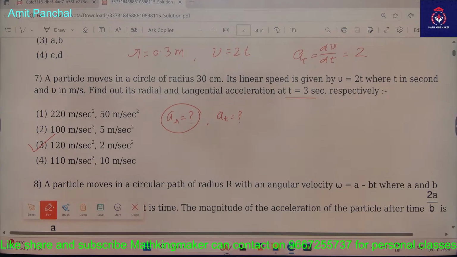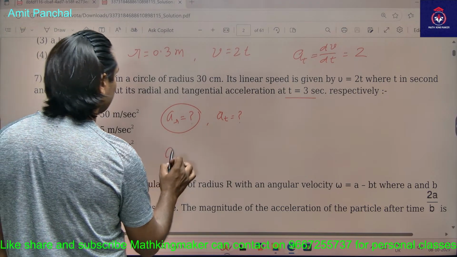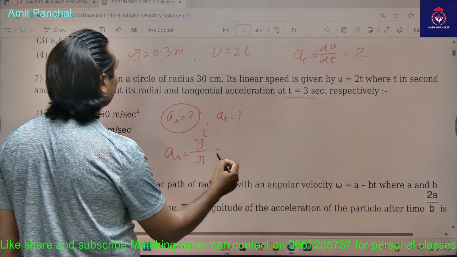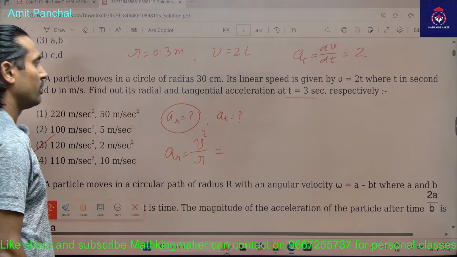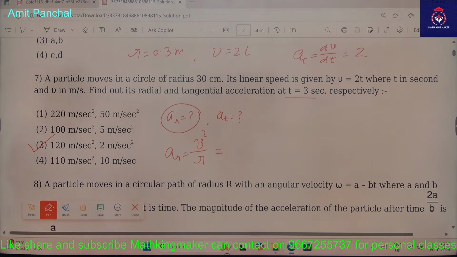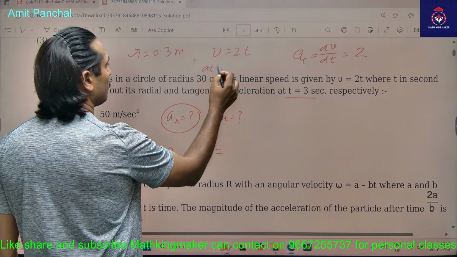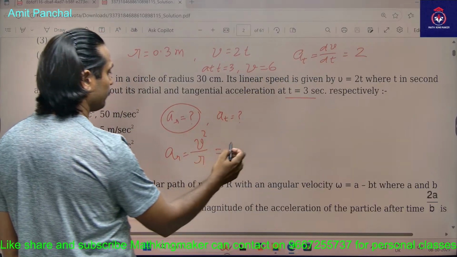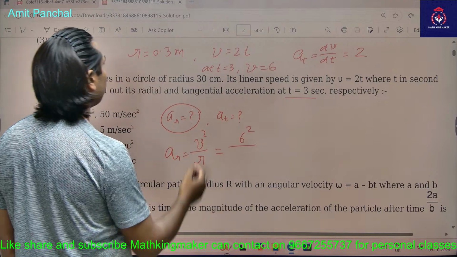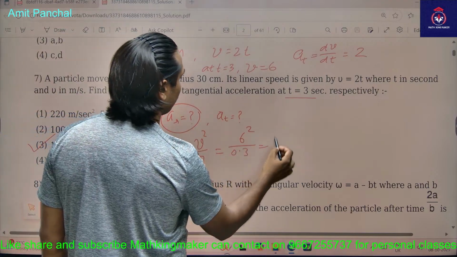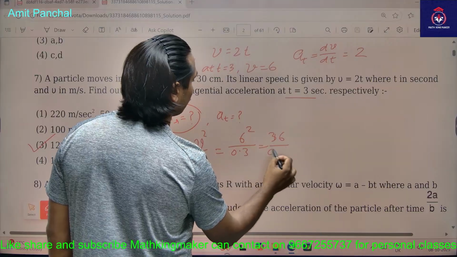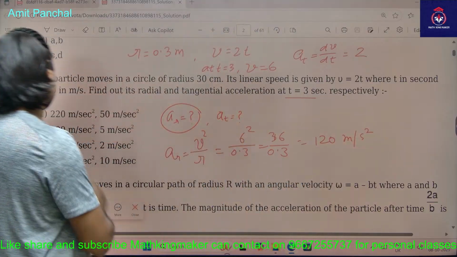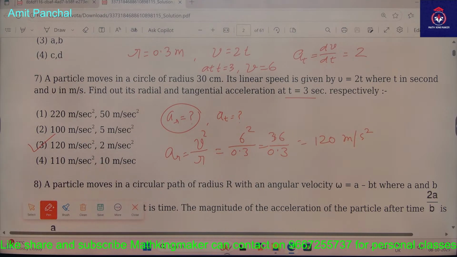AR is V square by R. At t equal to 3, V would be 6. So 6 square divided by R, where R is 0.3, so that is 36 divided by 0.3, which will be 120 meter per second square. So option 3. Got it?